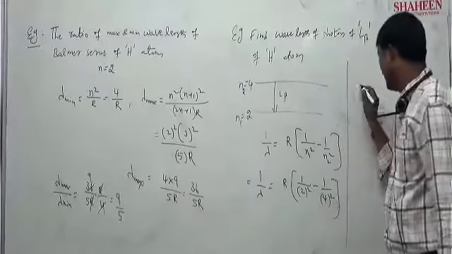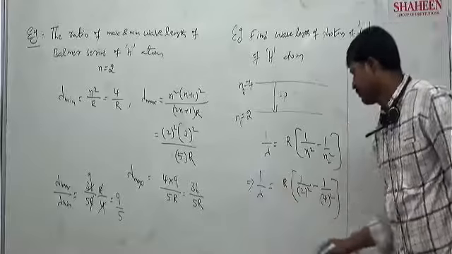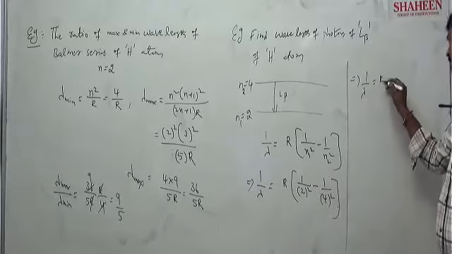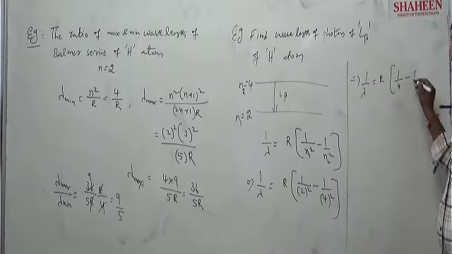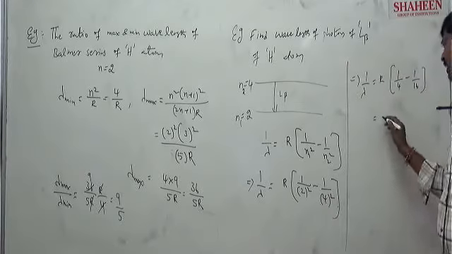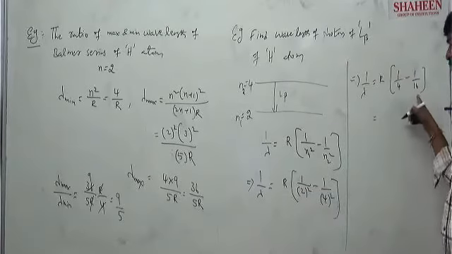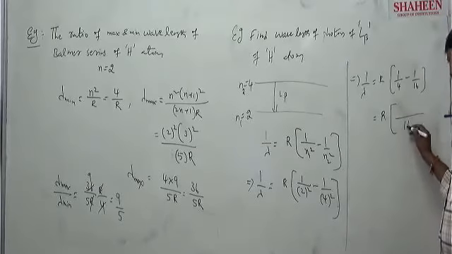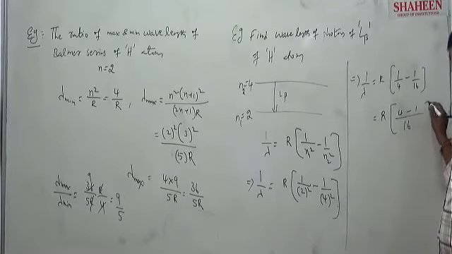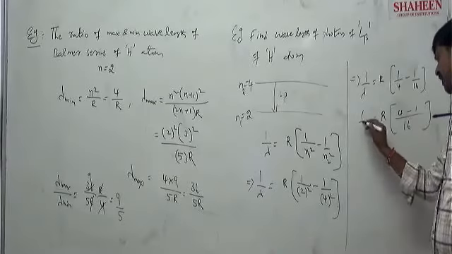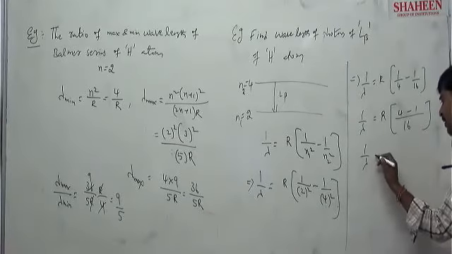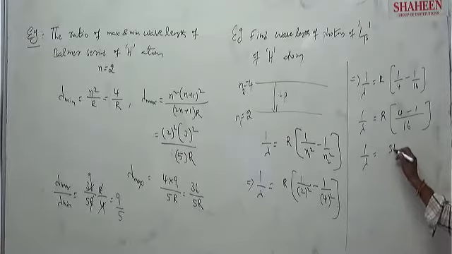So 1 by lambda is equal to R into 1 by 4 minus 1 by 16. The LCM is 16, so 4 minus 1 gives 3 by 16, that is 1 by lambda. Yes or no?